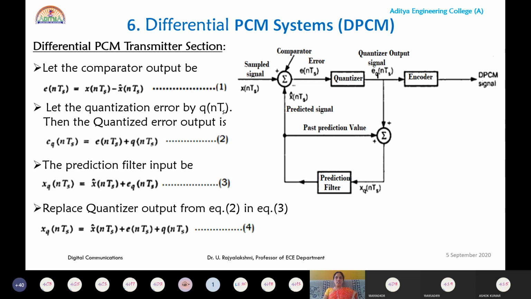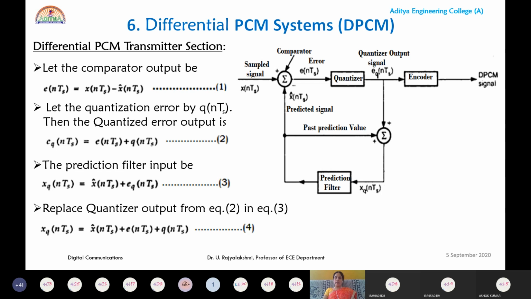Let the prediction filter input be x suffix q of nTs, where xq of nTs is the sum of the quantizer output signal eq of nTs and the past sample value x cap of nTs. For the first sample data, you don't have a past sample value. So the past prediction value is 0 here for the first sample value. For example, the first sample value occurs at Ts.